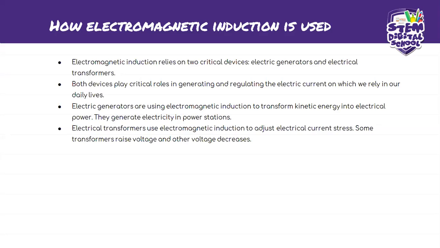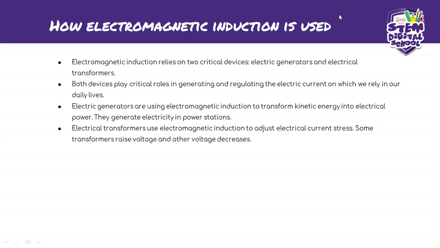So basically, electromagnetic induction is used in the process of generating electricity, which we all need and can all relate to. Electric generators use electromagnetic induction to transform kinetic energy into electrical power.